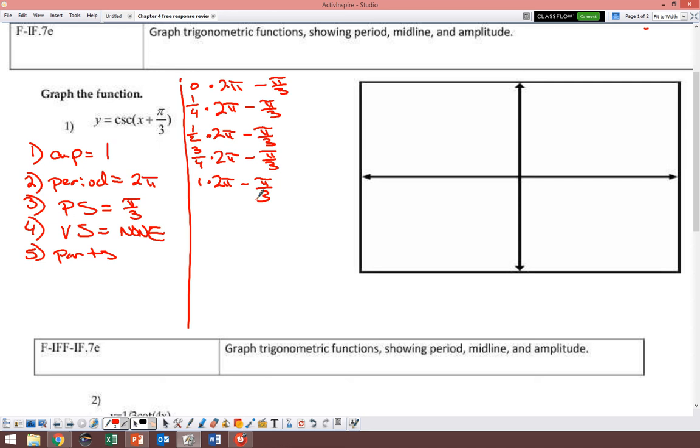Okay, so hopefully I don't run too much into my thing. So this one, starting off, I get what? 0 minus pi over 3. So negative pi over 3. Very good. Negative pi over 3. So quarter times 2 pi is pi over 2 minus pi over 3.